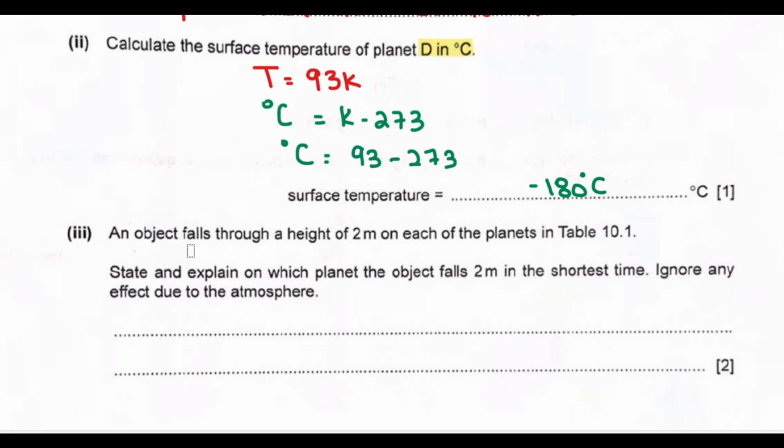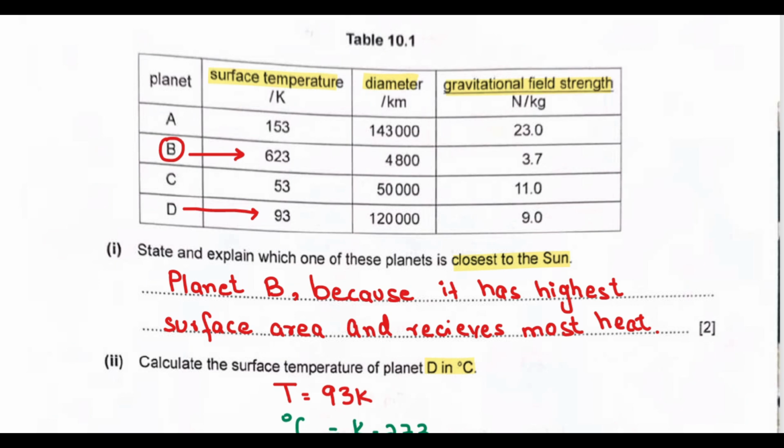Part number 3 says an object falls through a height of 2 meters on each planet in Table 10.1. State and explain on which planet the object falls 2 meters in the shortest time. Ignore any effect due to the atmosphere. If the object is falling from a height of 2 meters towards a planet, the speed of the object depends upon the gravitational attraction of the planet.